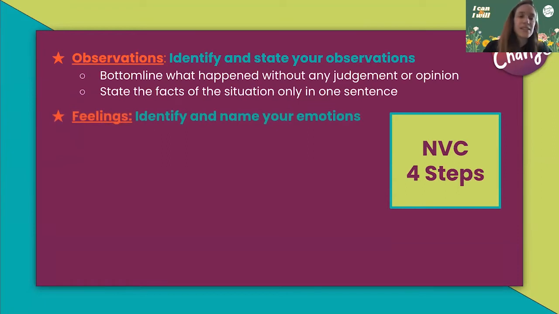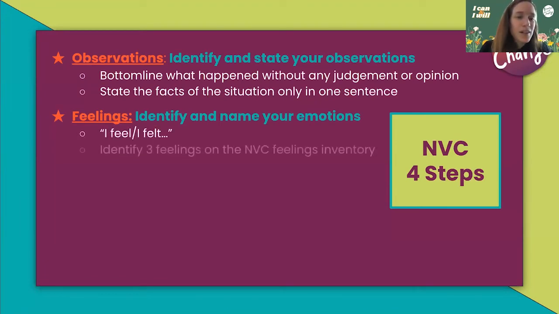Next is feelings. So once we've identified what happened, so, yesterday when I came home and your t-shirt was on the bedroom floor, then you state your feelings. So I felt or I feel. So we're in the actual nonviolent communication process, which I'll show you in a minute.